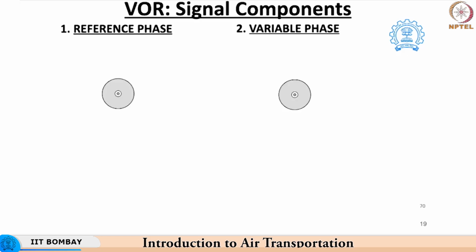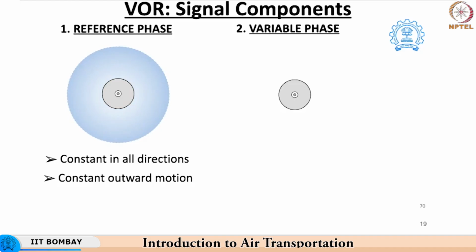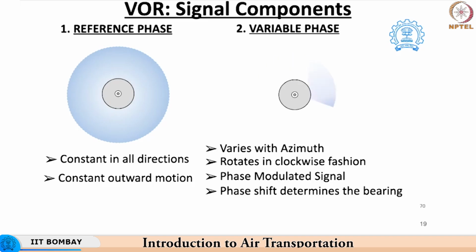The reference phase signal is constant in all directions and is emitted in an outward direction, whereas the variable phase signal varies with azimuth, and hence every radial direction is coded with a particular phase difference, and the overall term for this type of modulation is phase modulation. Depending on this phase shift of the variable phase signal, the overall bearing related to this VOR station can be easily obtained.